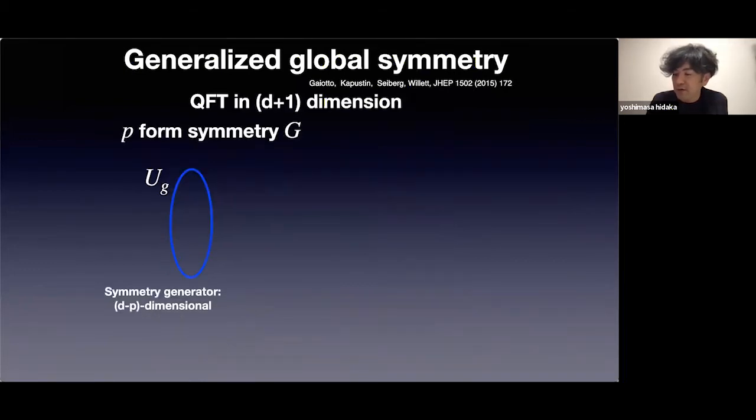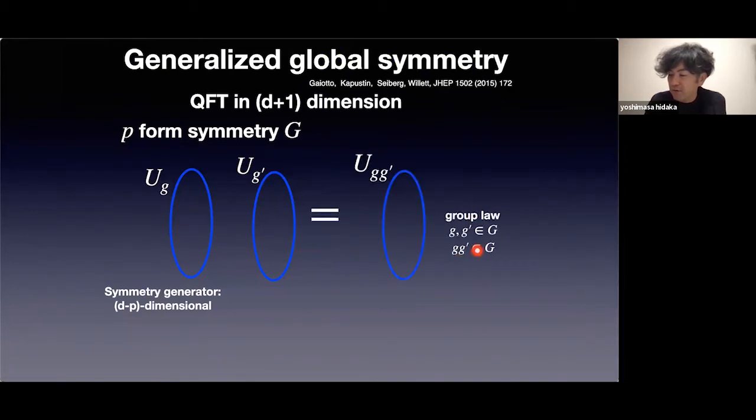So now we want to generalize this notion to the p-dimensional object. A p-form symmetry is some kind of topological d minus p-dimensional object that corresponds to the unitary operator in the ordinary symmetry. If you have two objects, that gives you the sum, and they satisfy the multiplication law. And the charged object is p-dimensional, something like this.